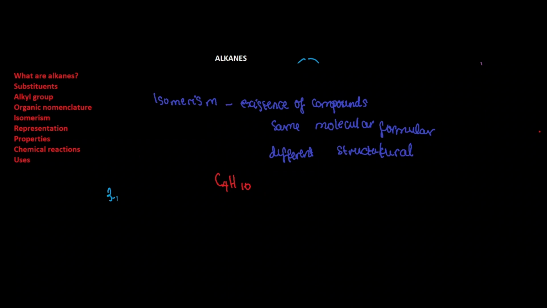However, the way in which the atoms are arranged in space may vary. For example, let's just take a look at C4H10. We could decide to have a continuous chain of 4 carbon atoms in this way. Okay, and we could also decide to have it branched out in a way that looks like this.